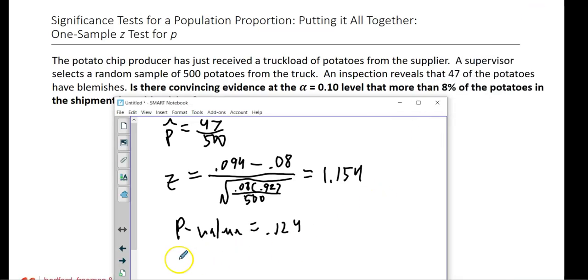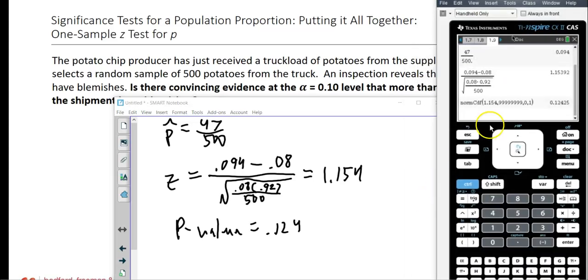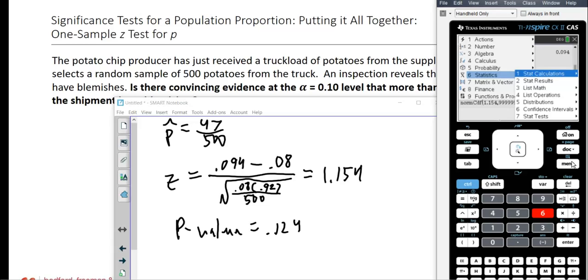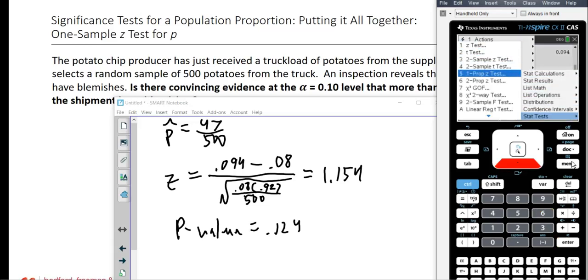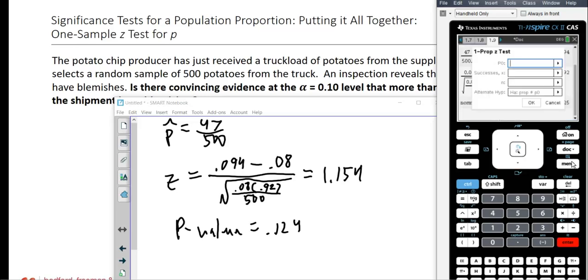Okay, so we did the do step there. If you want to do that all in your calculator, you are allowed to do that. So menu, where would that be? Probably stats. And if you see that last choice, stat test, and this was a 1 prop z test. So the null is 0.08. The number of successes, remember 47 out of 500.